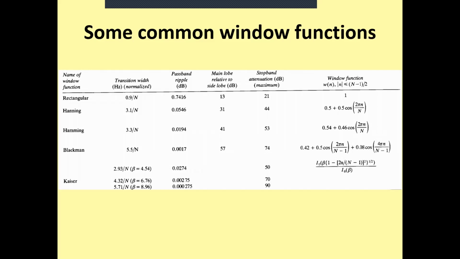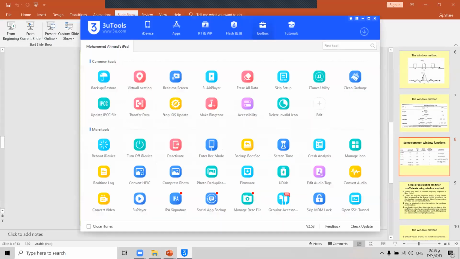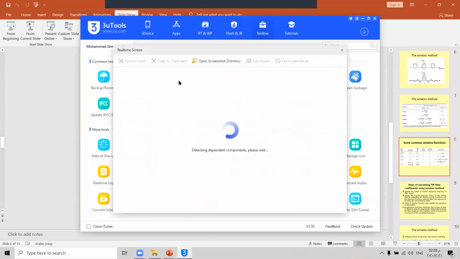To understand what is meant by the pass band ripple, let's go to the whiteboard again to understand what's going on. Now, we said that we have two important parameters: stop band attenuation and pass band ripple.